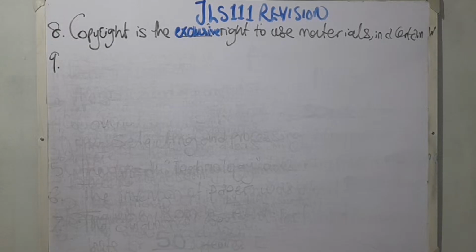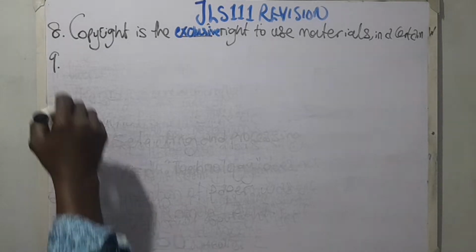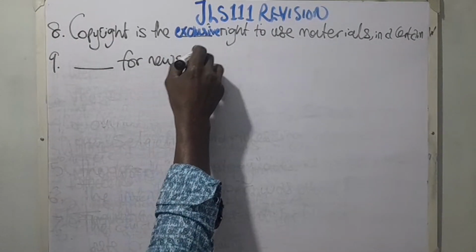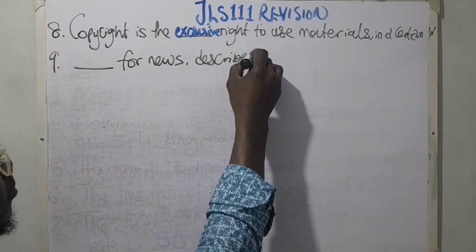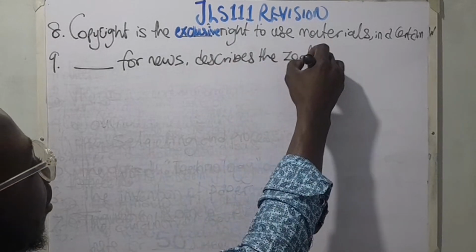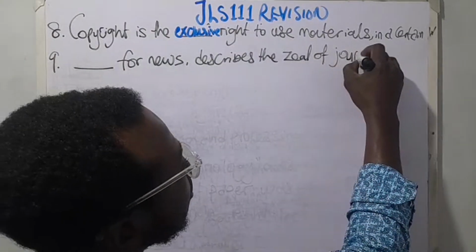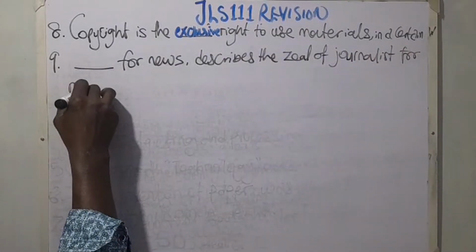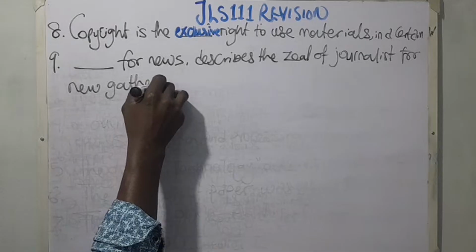Dash for news is the term that describes the pulling force, the zeal and anxiety of journalists in the process of news gathering.